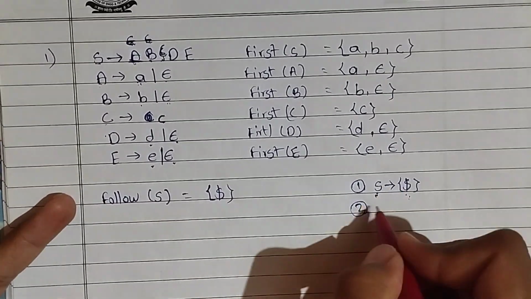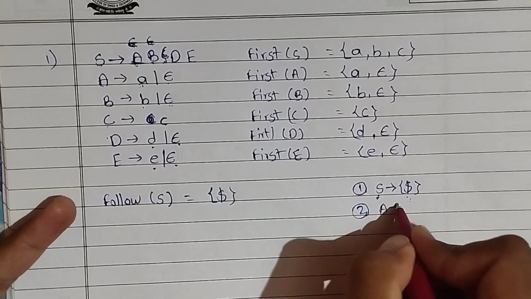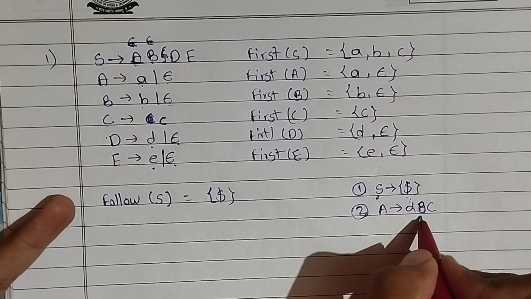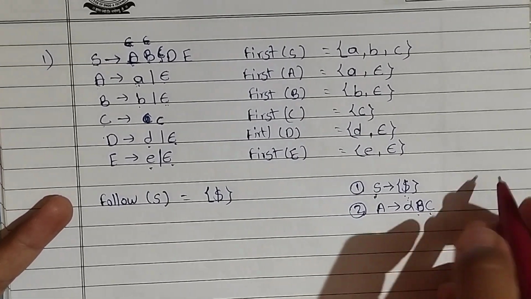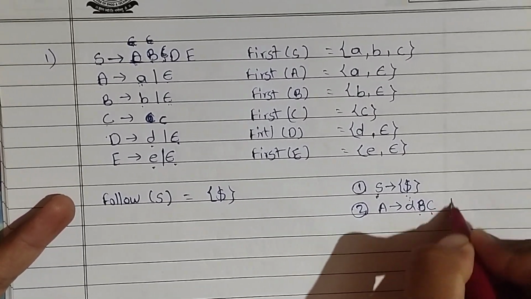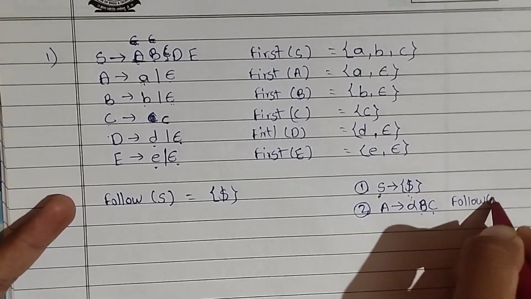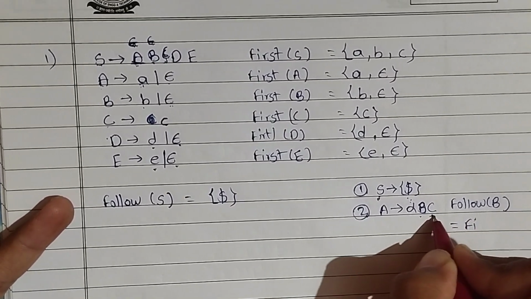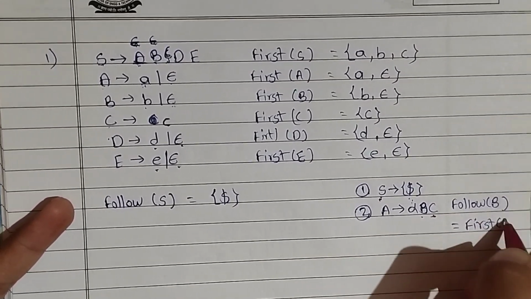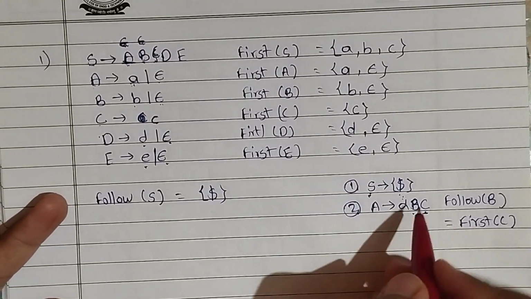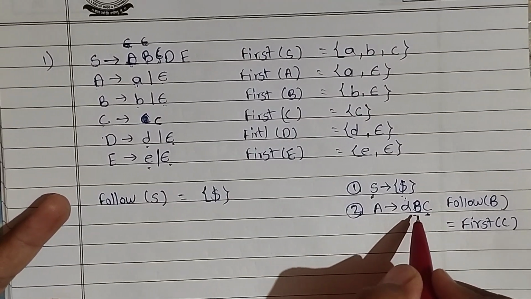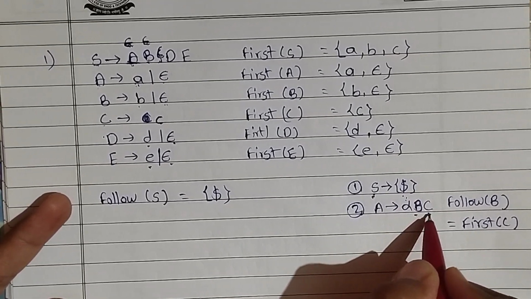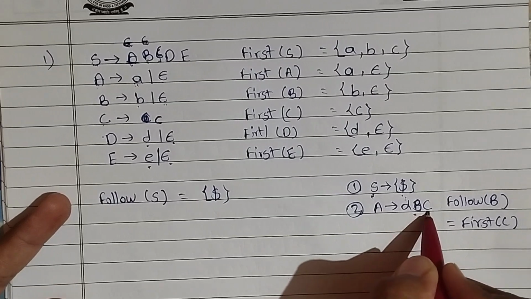Now the second rule: if A reads alpha B C, this is also a non-terminal, this is also a non-terminal. If we want to find the follow of B, then this is nothing but the first of the second non-terminal, this C, first of C. If you find the follow of a non-terminal which is followed by another non-terminal, then you find the first of the second non-terminal.